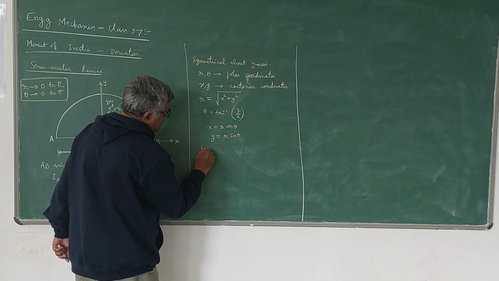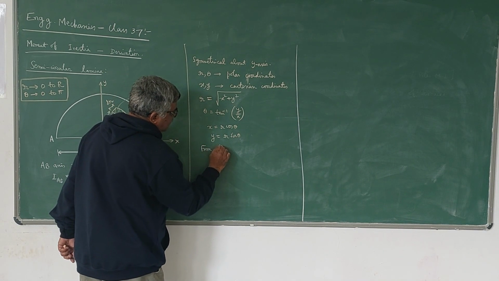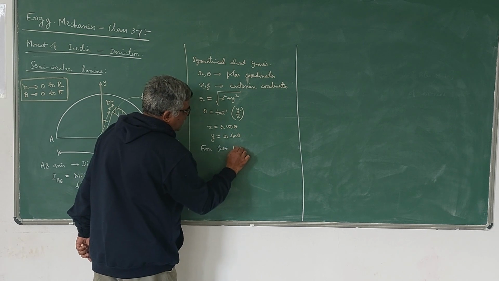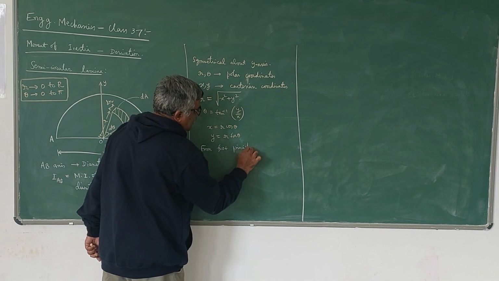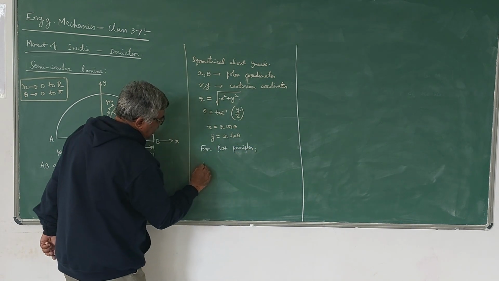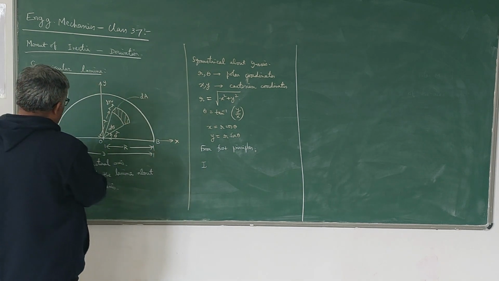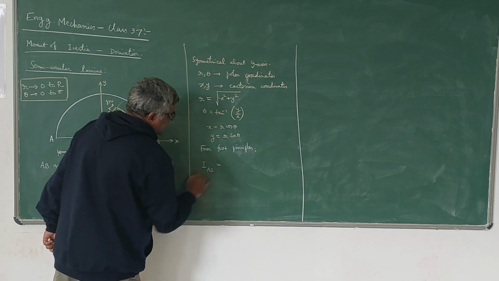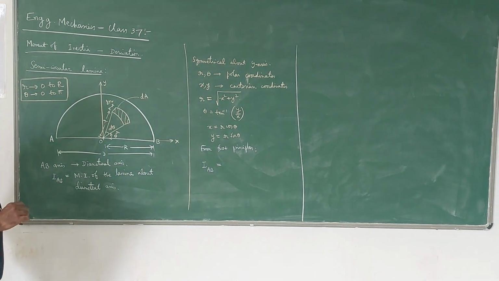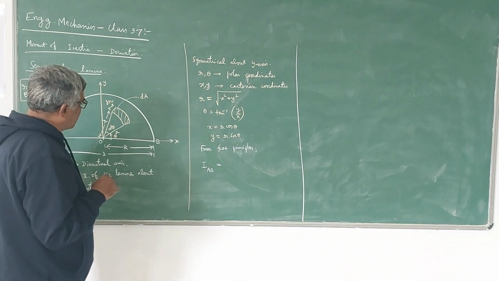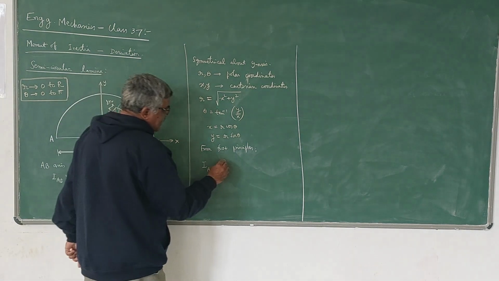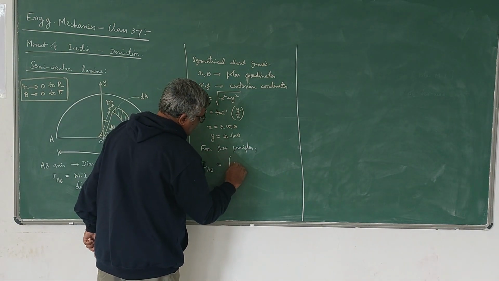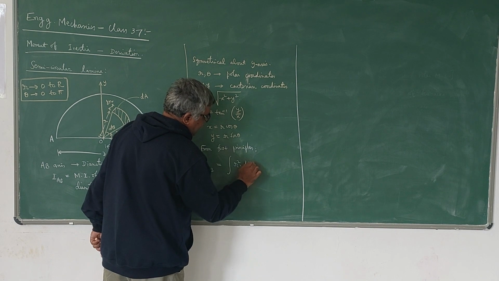Now let us start from first principles, the definition of moment of inertia. Now I am going to write this IAB. IAB itself is the x-axis, so IAB becomes Ixx here. So IAB is equal to integral of r squared dA.